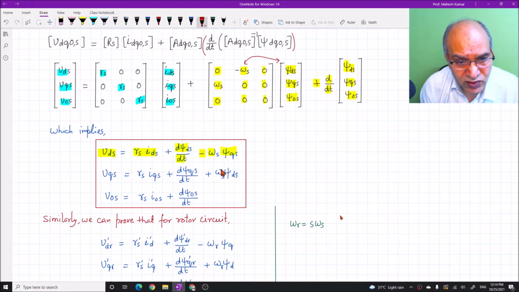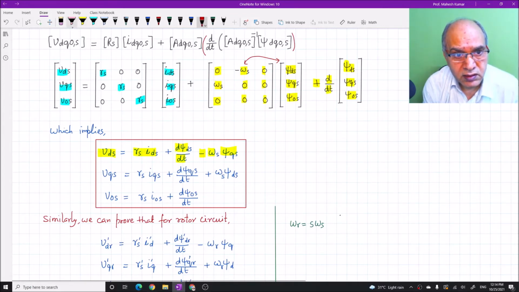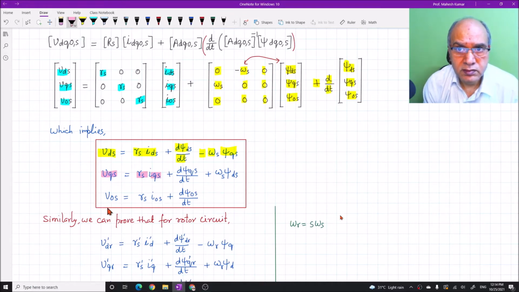The second equation comes from the second variable Vqs. So Vqs is nothing but Rs into Iqs here, then plus d psi qs by dt, and then plus omega s psi ds, this term.